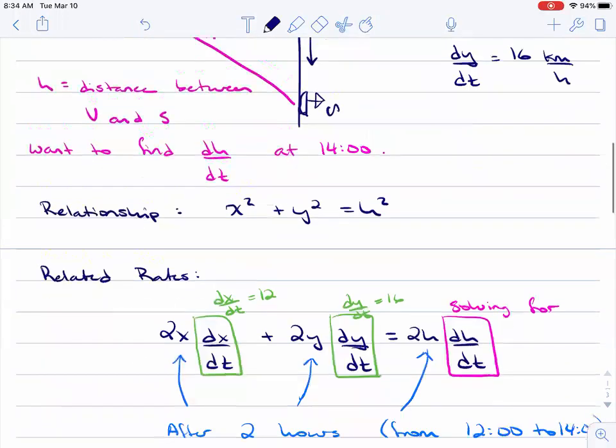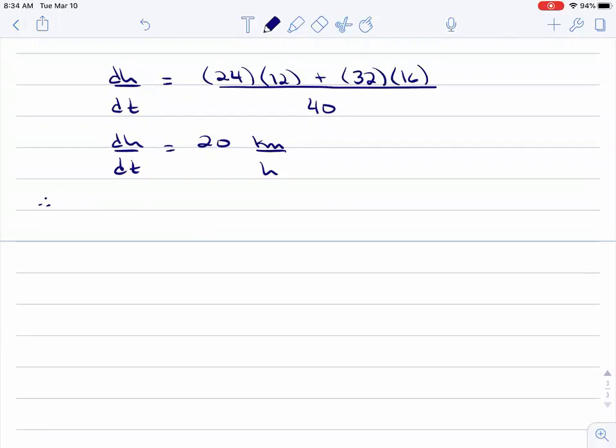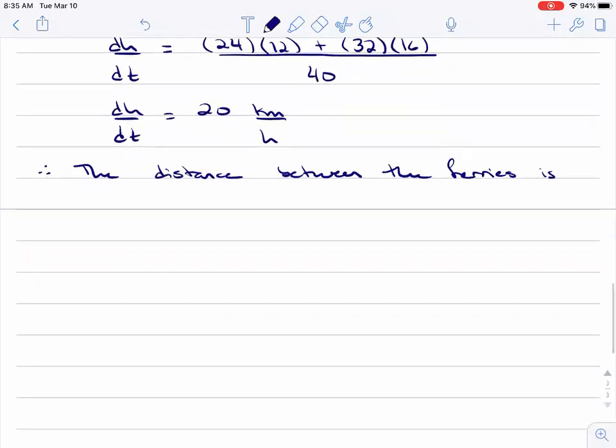It'll be obvious whether it's increasing or decreasing, but you have to think about it, and it's something you need to remember. And so therefore the distance between the ferries is increasing at 20 kilometers per hour.